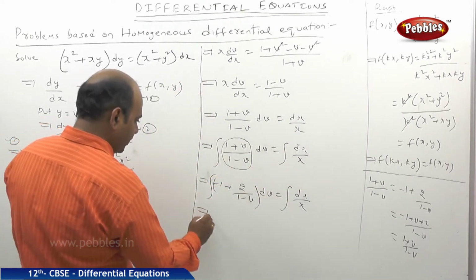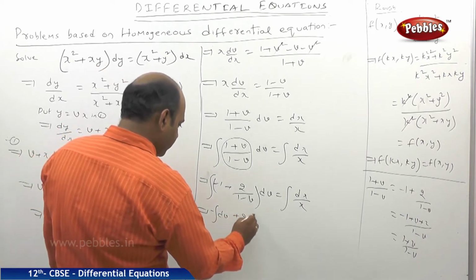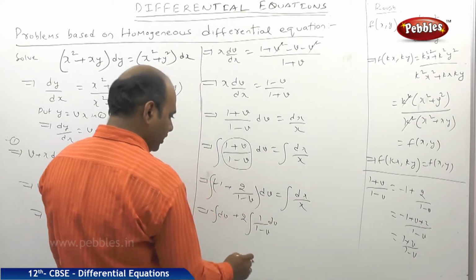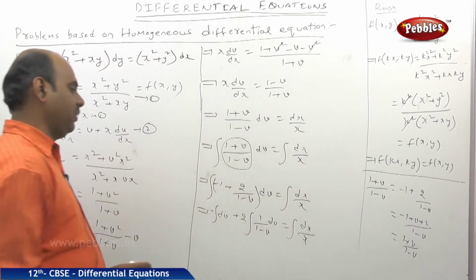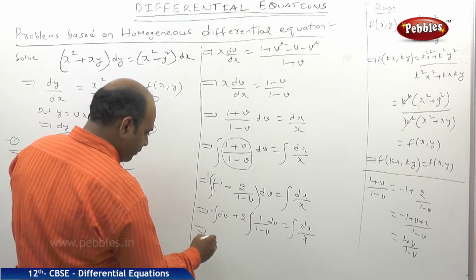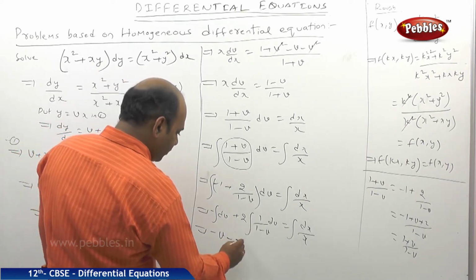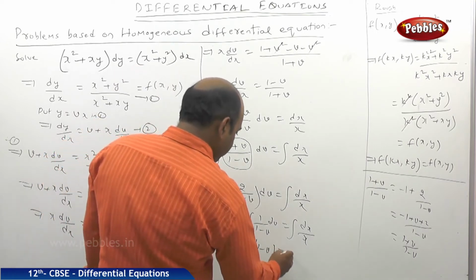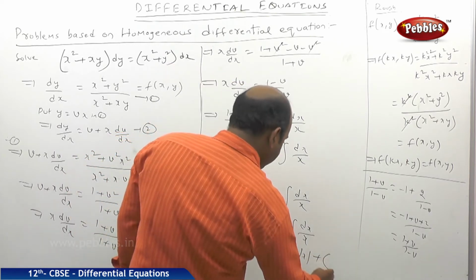So integral of minus 1 dv plus 2 into integral of 1 upon 1 minus v dv is equal to integral of dx by x. So integral of dv means v only, so here minus v comes, and here also minus 2 into log mod 1 minus v is equal to log mod x plus c.